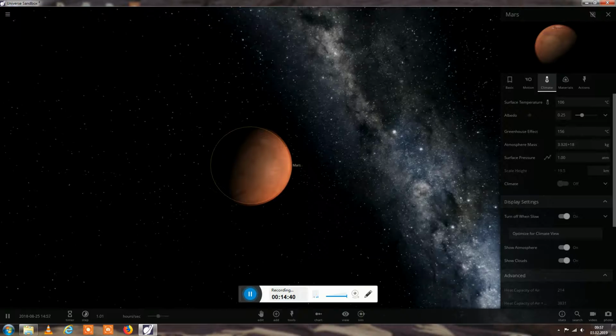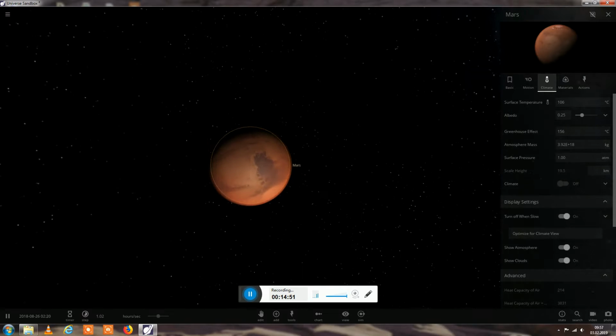Now, the atmospheric pressure should be just high enough so that liquid water can survive on the surface. Because right now at 0.006 atmospheres or millibars, the atmospheric pressure on Mars is far too thin for liquid water to exist on its surface.